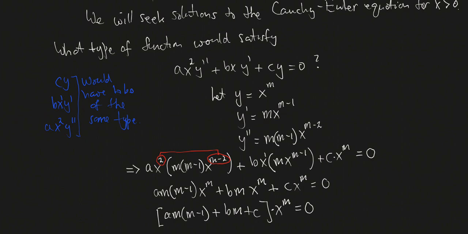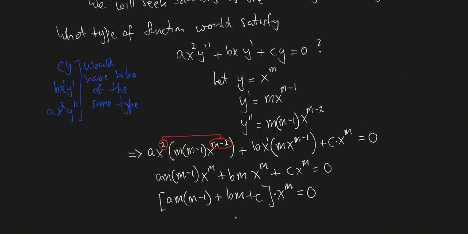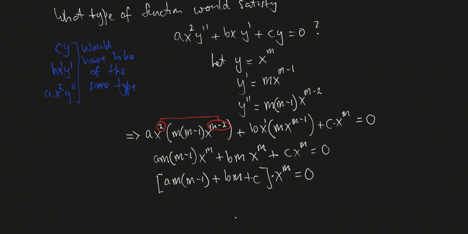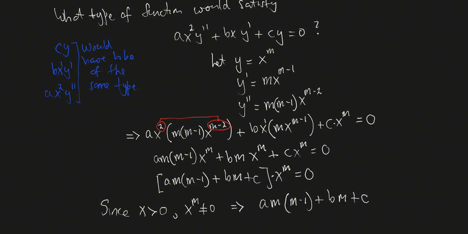So the only way this expression on the left-hand side can be 0 is if what I have in square brackets is equal to 0. Therefore, the quantity a times m times m minus 1 plus bm plus c must be equal to 0.